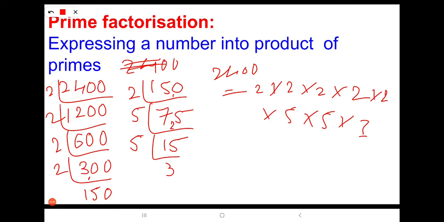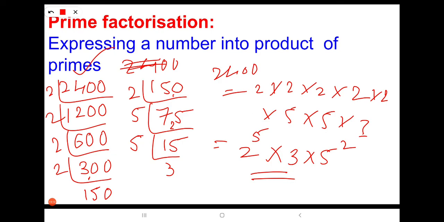Okay, if you arrange in order, 2 power 5, 1 2 3 4 5, 2 power 5 into 3 into 5 square is the prime factorization of 2400.